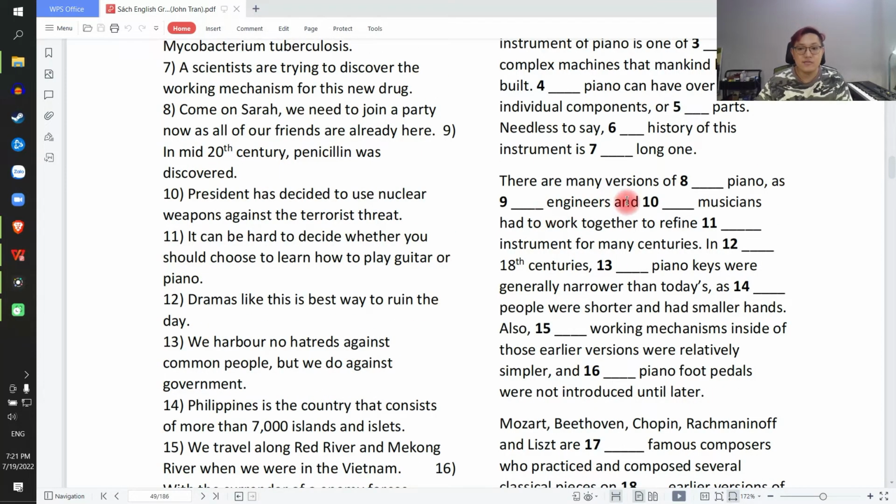There are many versions of the piano as engineers and musicians had to work together to refine the instrument for many centuries.